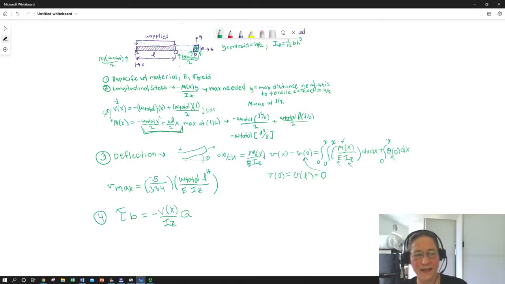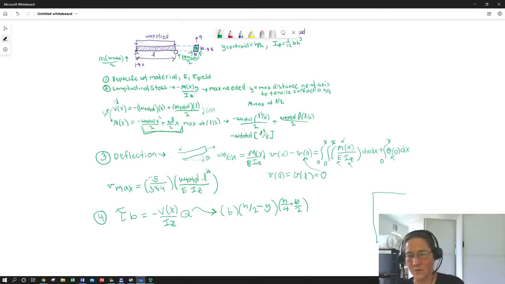So in the case of our beam, I'm just going to write out my expression for Q in our case: h over 2 minus y, times h over 4 plus y over 2.